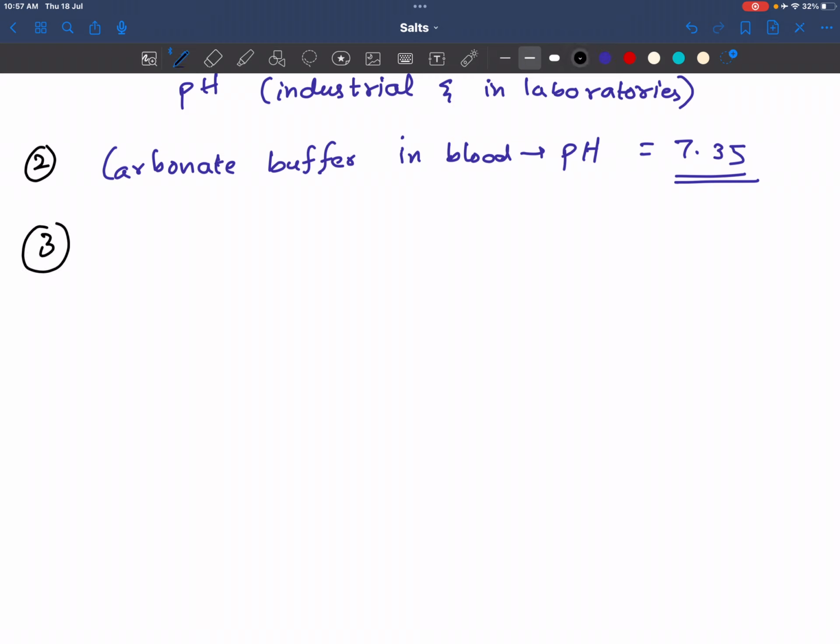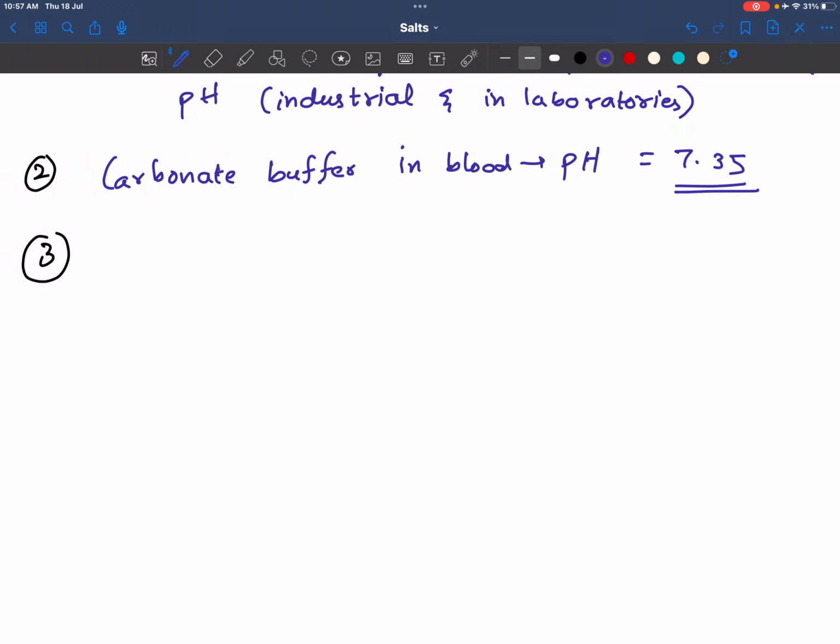Next, not just in our blood, in many biochemical reactions, in plants, in other animals, everywhere, buffer solutions are very important. By themselves, they occur in nature. Artificial buffers are used in industrial processes and in laboratories. But in nature, you can observe many buffers.